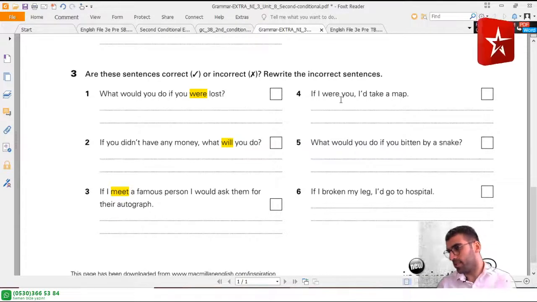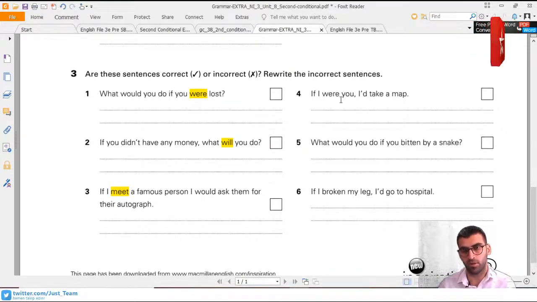Okay, Sıla says it is correct. Tuko says number 5 is correct. No, it's not correct. Sıla says it is incorrect.